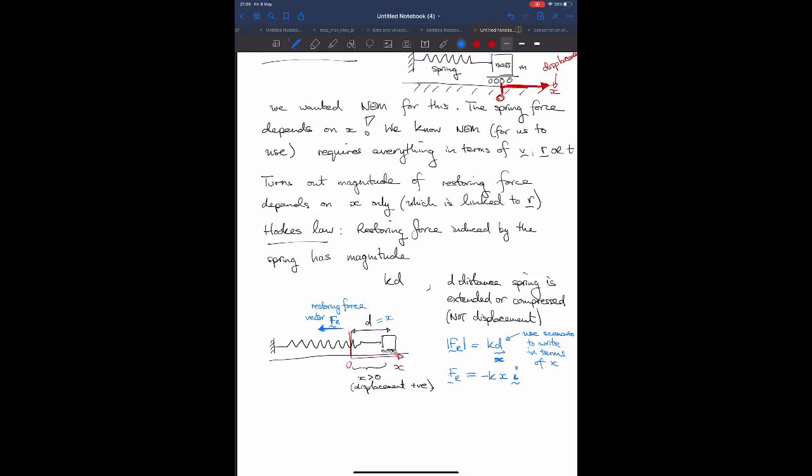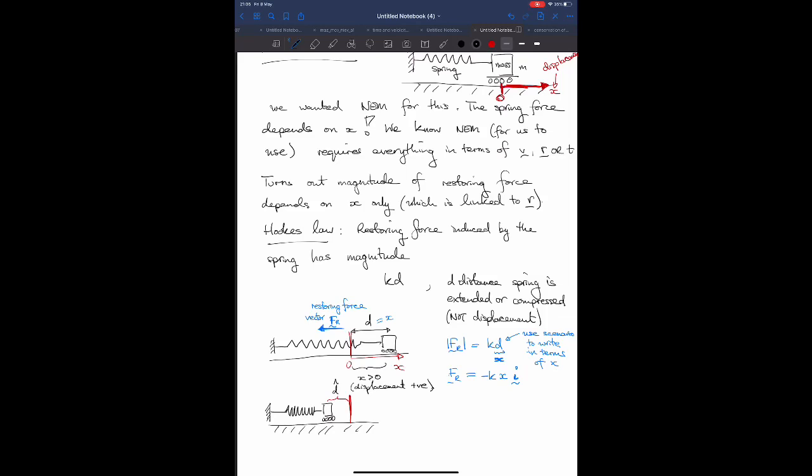Likewise, if we compress the spring, a similar argument applies, because the spring, let's face it, can go back and forth. There's our arm. This is now a different d, say d with a hat on it.